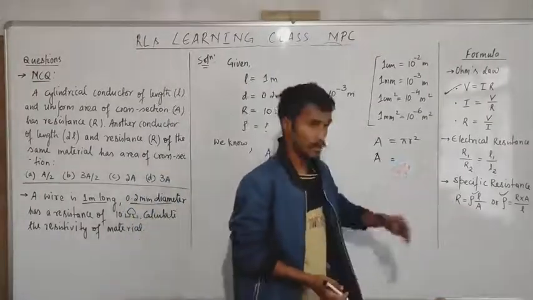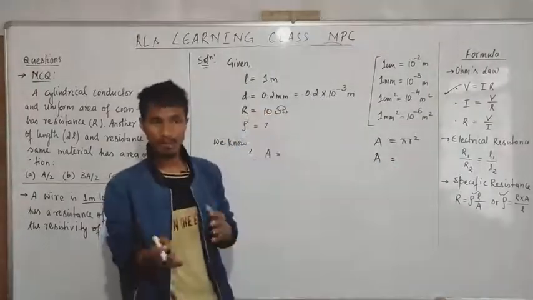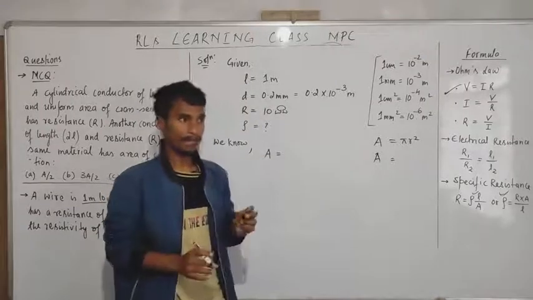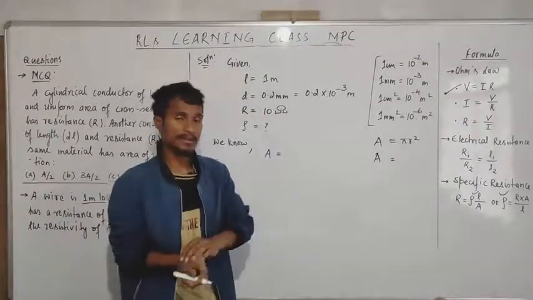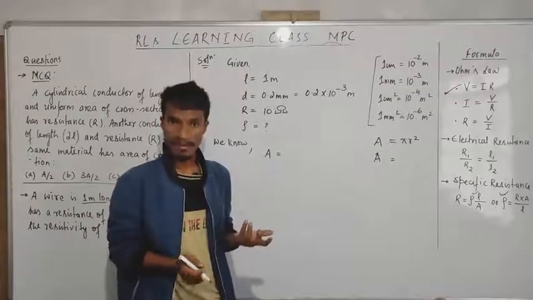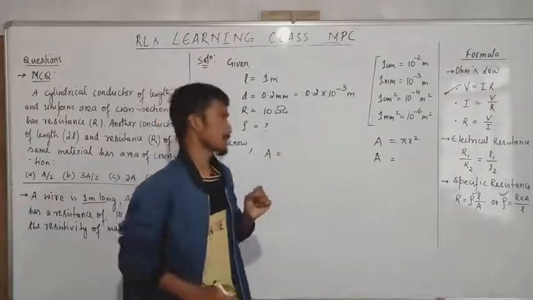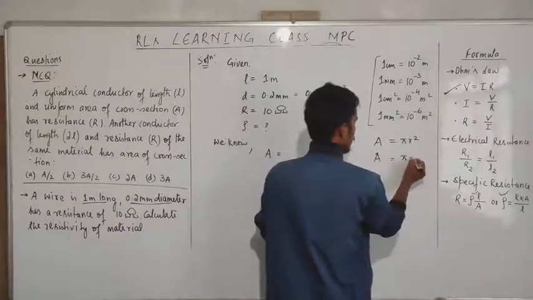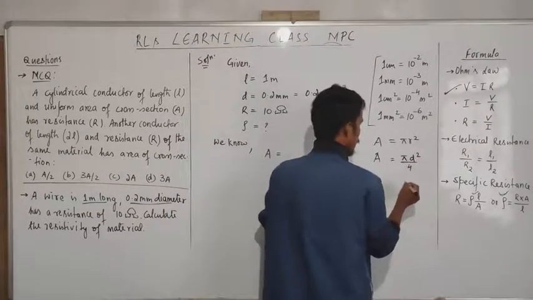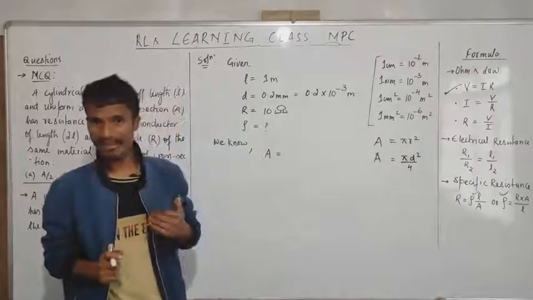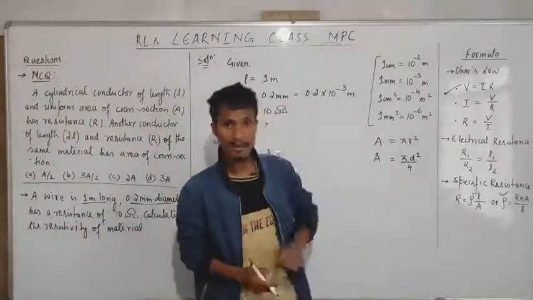We don't need to convert the diameter to radius. Before, you studied that once I give the diameter, always find the radius first, then find the area. But here I'll give you a direct formula, area by using diameter: pi d square by 4. If they give you a diameter, to find the area, always write pi d square by 4.